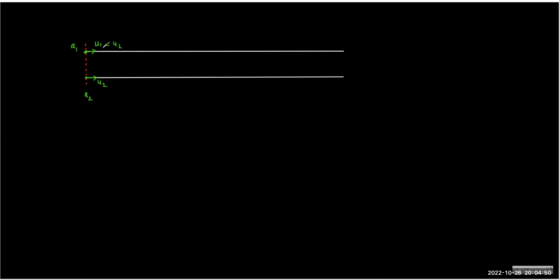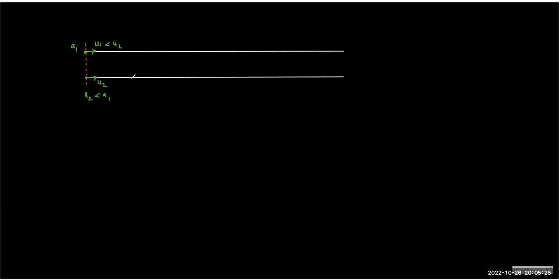What I have given is u1 less than u2, but a1 is more than a2. So who will be the winner again? a1 will be the winner, right? Because more acceleration means eventually you can attain greater speed. But right now, at this point, who will go ahead? The one with greater velocity. So u2 will go ahead, and now both will accelerate.